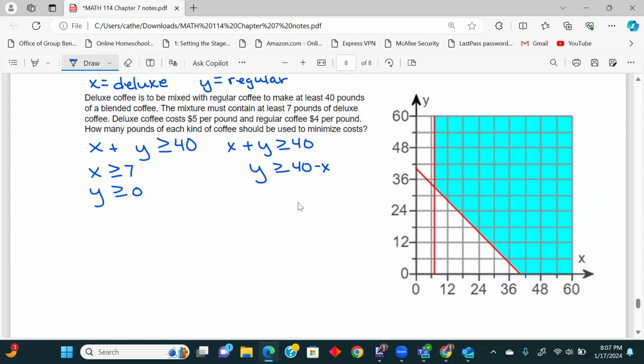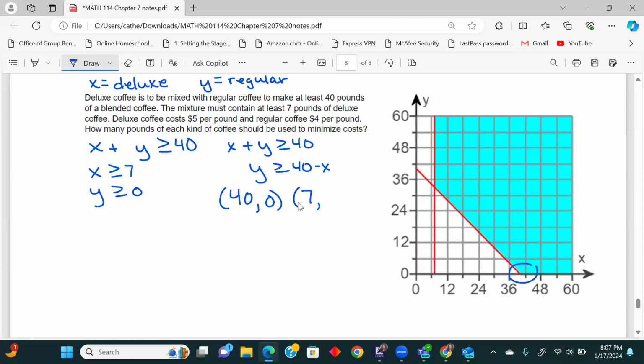All right, so let's find the corner points. When I put this in, this is going to cross right here at 40. Put it into the calculator and then find the point where one of the zeros is. Now, when you graph this one, X has to be 7.